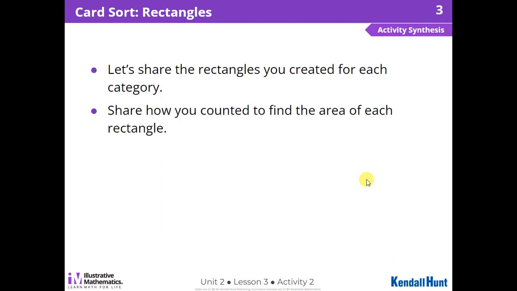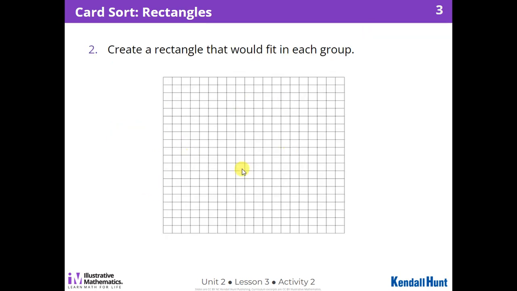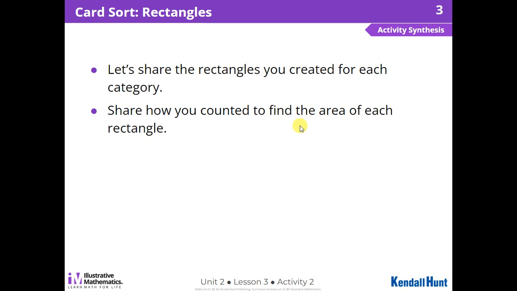Next, let's share the rectangle you created for each category. Share how you counted to find the area of each rectangle. After they are done creating these rectangles, we can ask them to write the area of each rectangle. So this could be done that way.